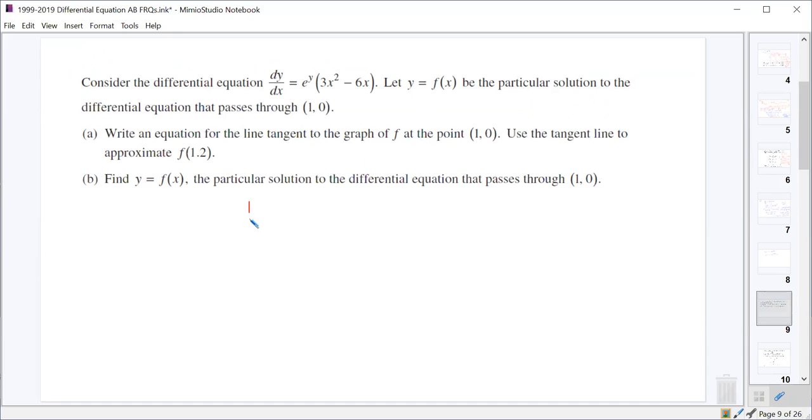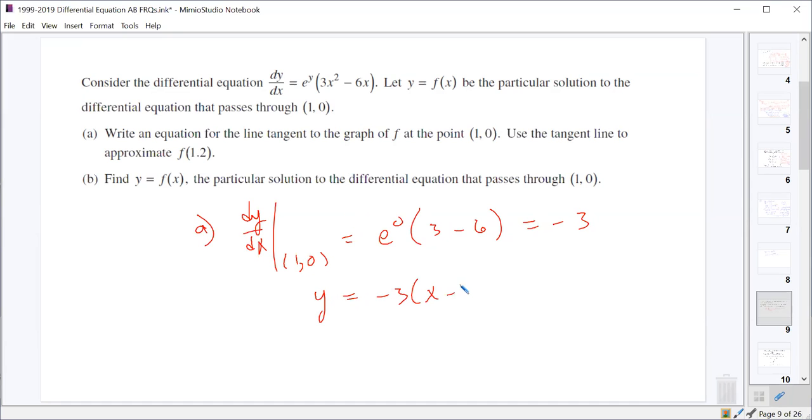So we know we need to evaluate dy dx at 1, 0, which should be e to the 0 times 3 minus 6, which should give us a slope of -3. And then we'll have y minus 0 equals -3 times x minus 1.